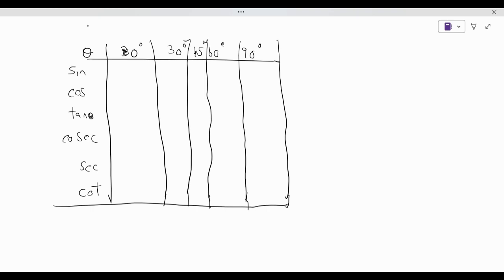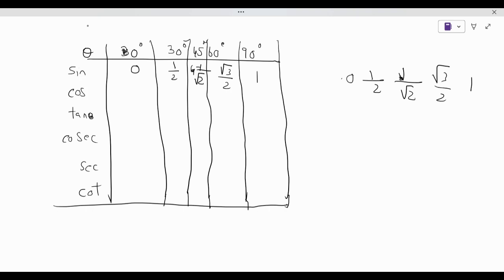Sine: 0, 1 by 2, 1 by root 2, root 3 by 2, and 1. Remember this, the first tabular row.